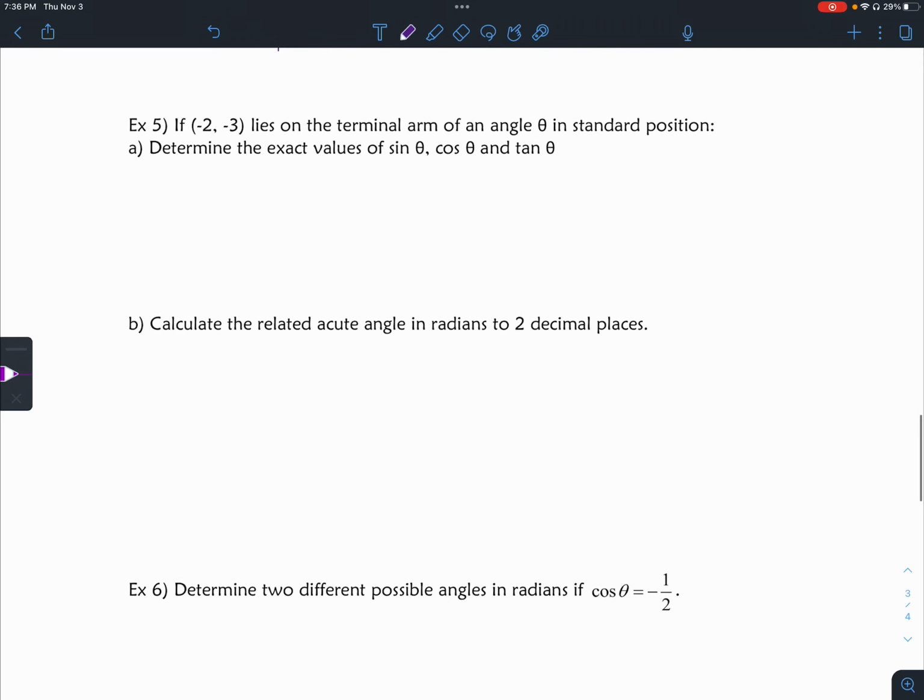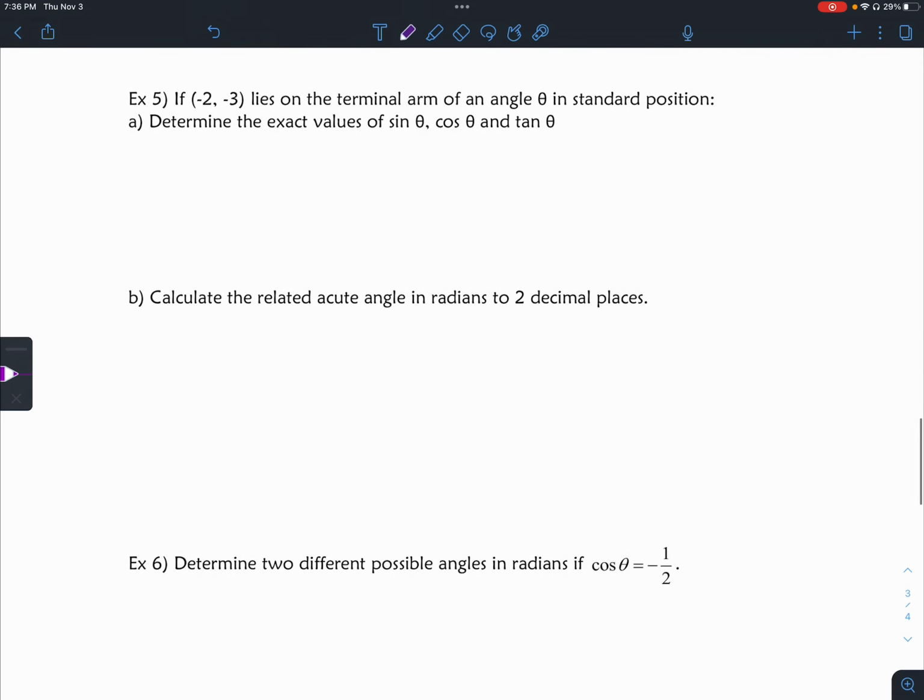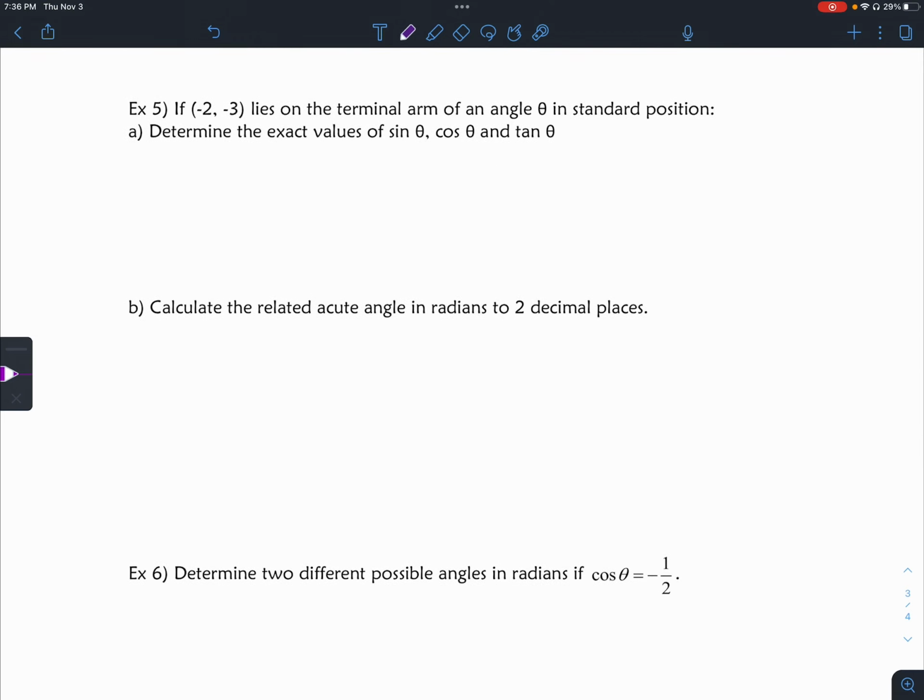All right, moving on to example 5. If negative 2 and negative 3 lies on the terminal arm of an angle theta in standard position, determine the exact values of sine theta, cosine theta, and tangent theta. Okay, we want to draw this out first so we can visualize the situation.